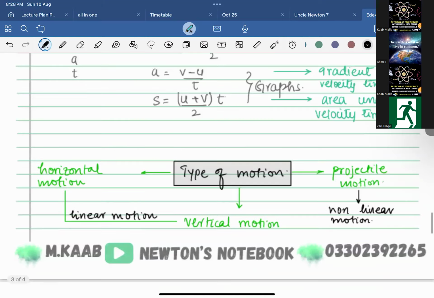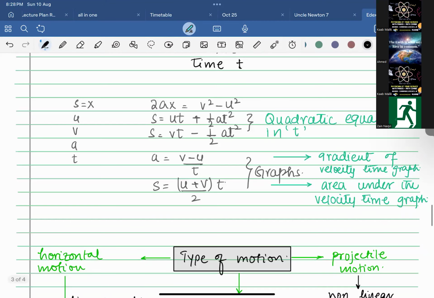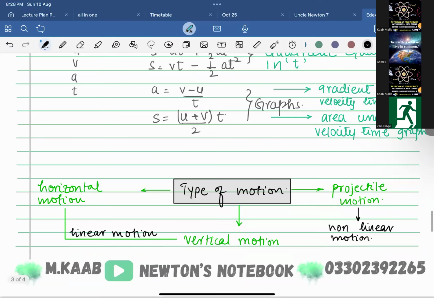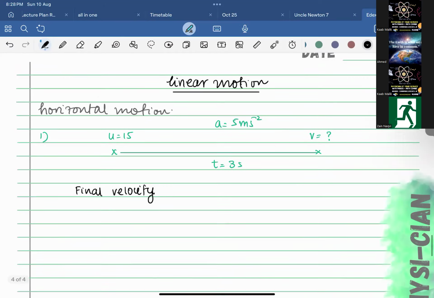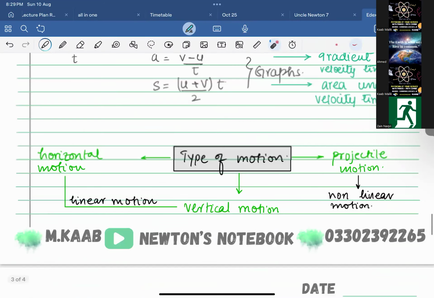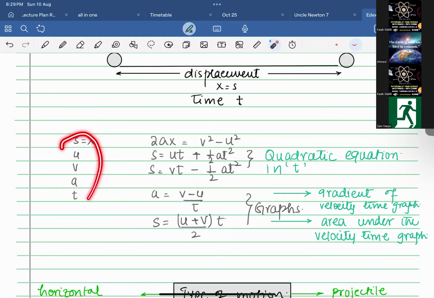Just use any of these equations. If you have written all of the equations, then you can just use them from your copy. Just remember the trick. If they give you three quantities out of five, then finding the fourth one will be very easy.